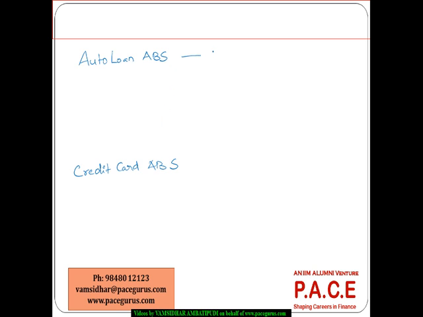An auto loan is generally fully amortizing, just like a residential mortgage, whereas a credit card is completely non-amortizing, but it can be more and more revolving as well. Because once you pay, you will get an additional credit limit. Again, you pay, another additional credit limit is going to be created. So it's completely non-amortizing.